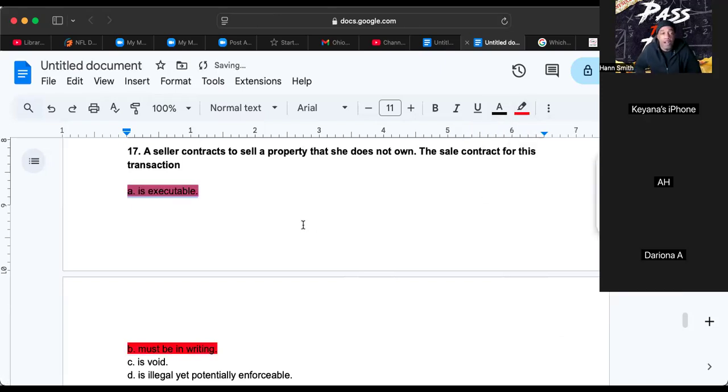A seller contracts to sell a property that she does not own. The sales contract for this transaction is void or illegal yet potentially enforceable.